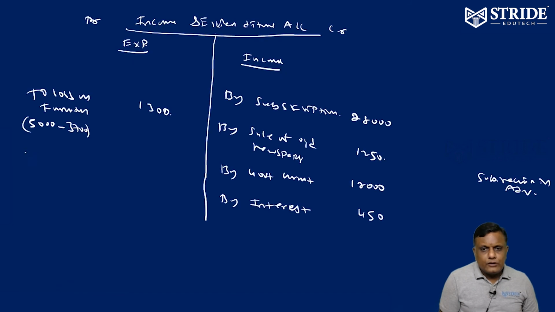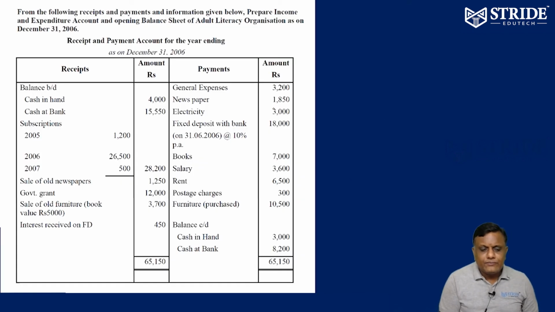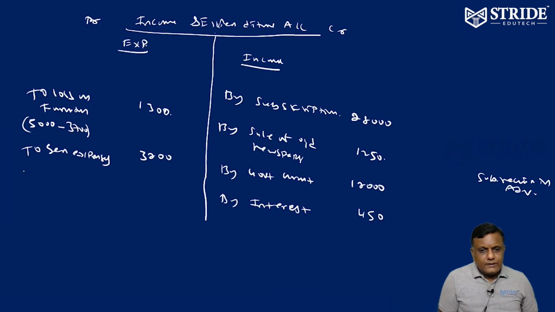No. There is no outstanding. Straight away you can put general expenses 3,200. Is there any newspaper purchased? Yes. Expenses 1,850. Newspaper 1,850.